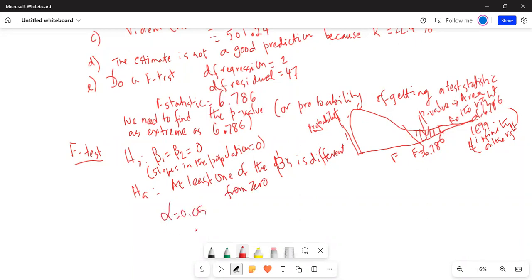We will find the p-value. We have to use the calculator to find the value.